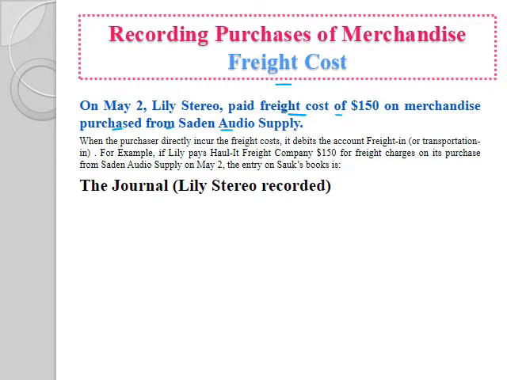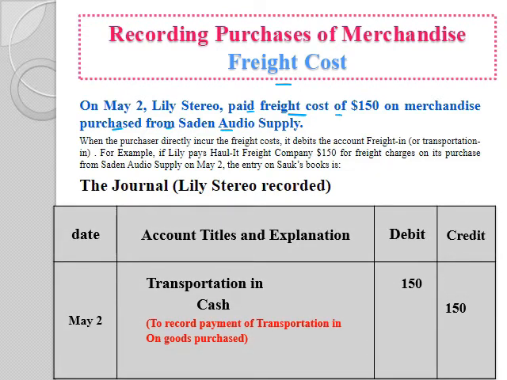Lily Stereo paid the freight cost, or transportation in, مصروفات النقل. So paid cash, so cash decreases, cash normal balance asset, decrease, so record in the credit side, cash the amount in the credit column, $150.